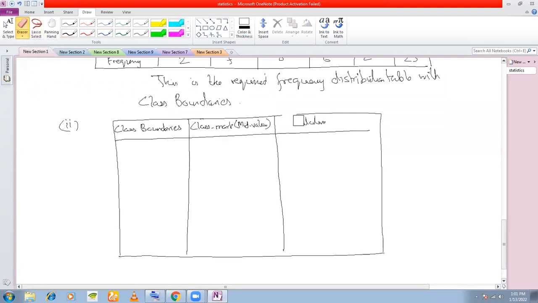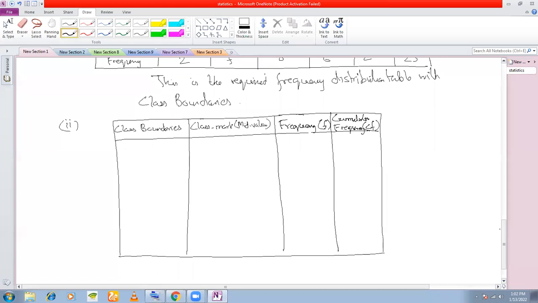Before cumulative frequency, also construct a column for frequency, and then you can write cumulative frequency. This is written as F, and the cumulative frequency is sometimes abbreviated as CF.